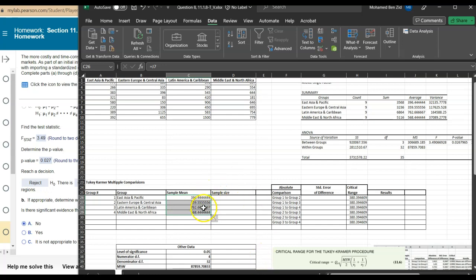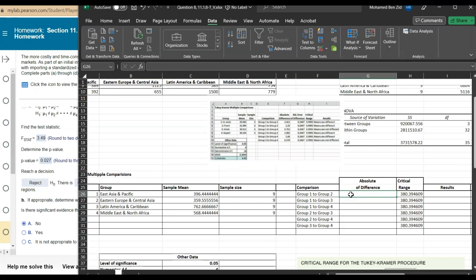Okay, so you see these values here are the same as the averages, right? Now we have here a sample size. We know the sample size is 9, so you can do an equal sign and 9, that's the count, all right, and you can drag it.